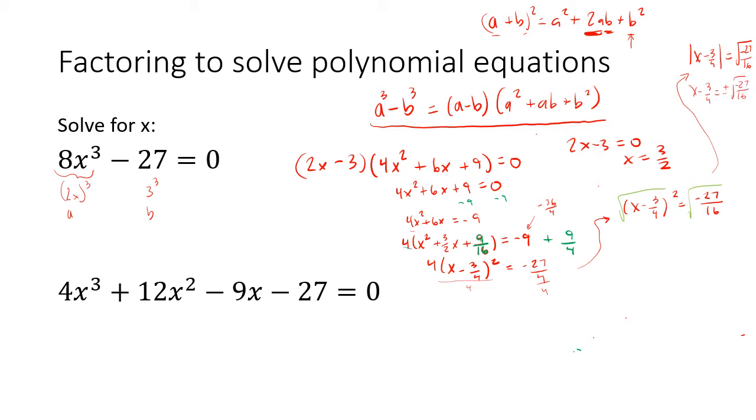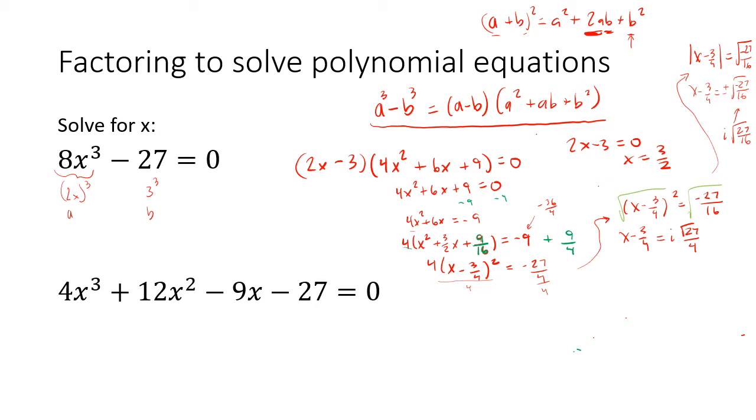Carry on like this. This here is i times the square root of 27/16, and then you further simplify the square root. But we're skipping that step for now, and I'm going to go straight to saying that x minus 3/4 is equal to i times the square root of 27 divided by 4, because the square root of 16 is 4.